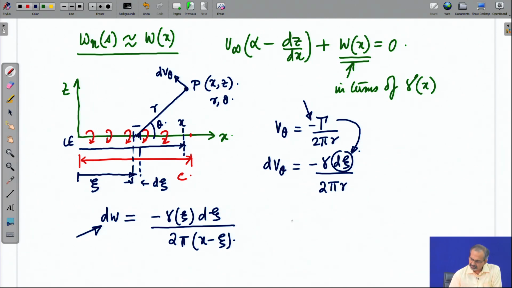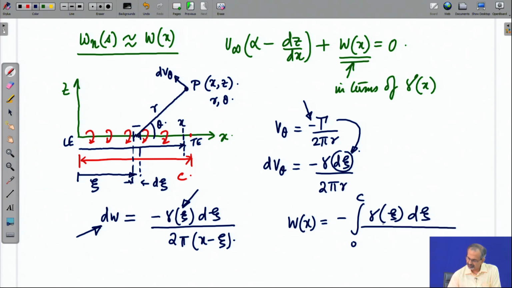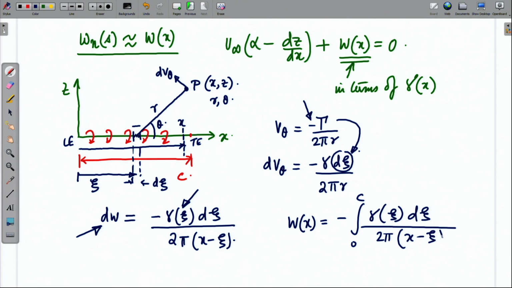So, if we sum up these d w's by taking into account all the elemental vorticity that we have spread along from leading edge to the trailing edge, we have an expression of w x given like this.